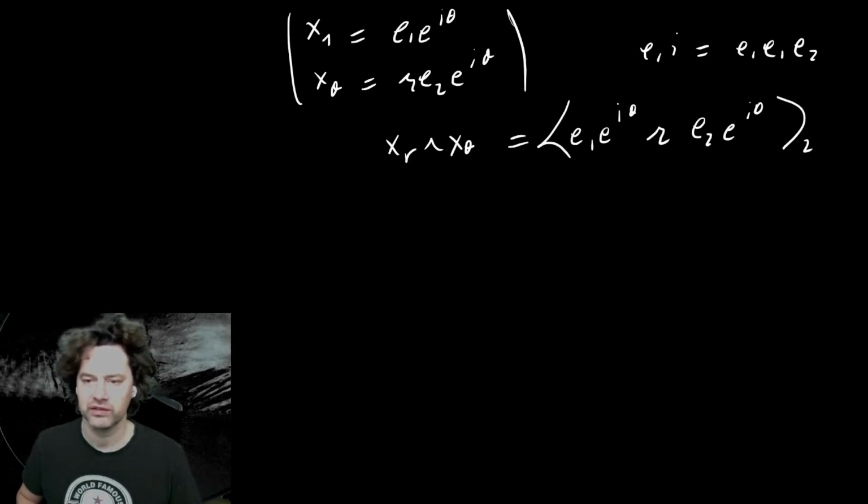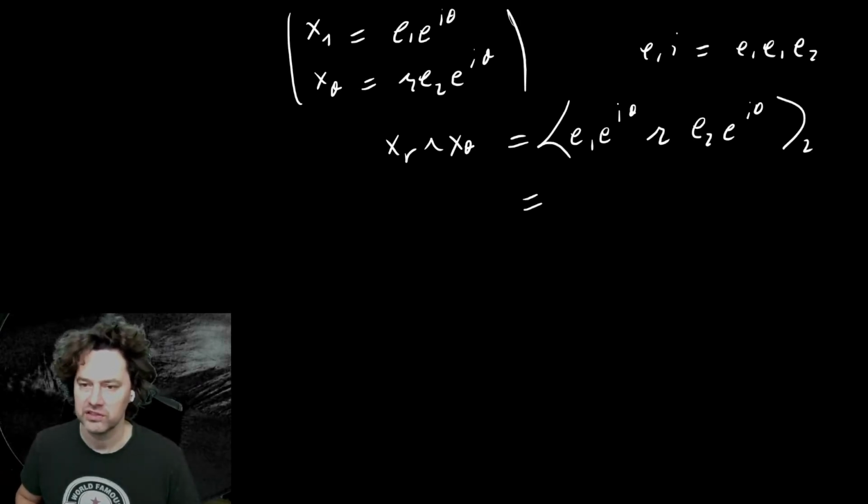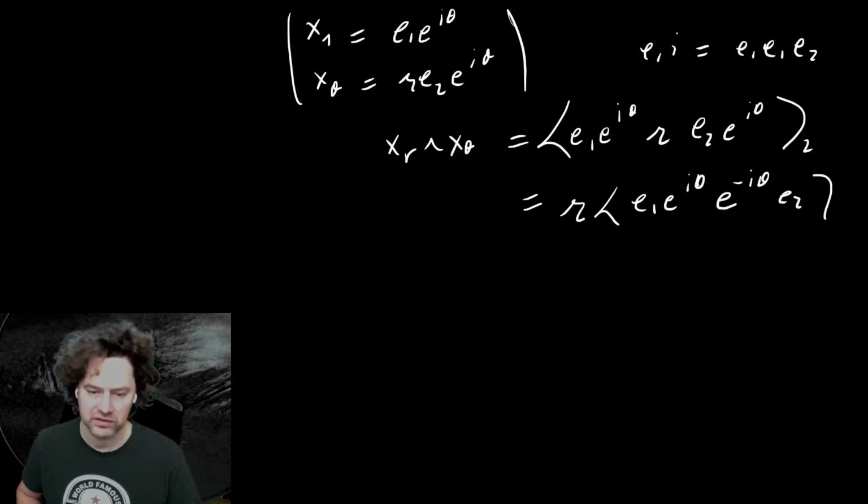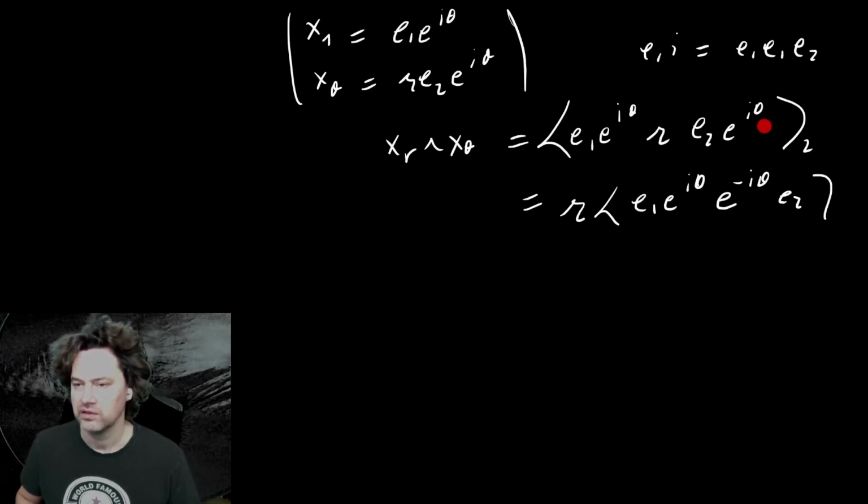Take the grade 2 part, which is r times e1 e^{I theta} e^{-I theta} e2, since these satisfy a conjugate permutation relationship.